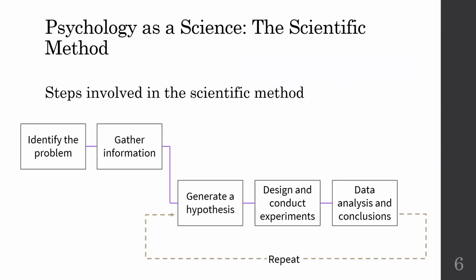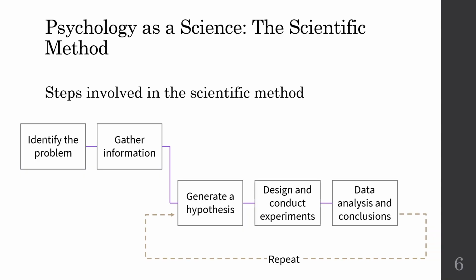So when we break down the science or the psychological principles in terms of the scientific method, we can look at each of these steps along the way. So first we identify a problem or some question that we might have. Then we have to gather information on that. So what is already known about the topic? What can we build off of? We generate some hypothesis based on the knowledge or the information on the topic.